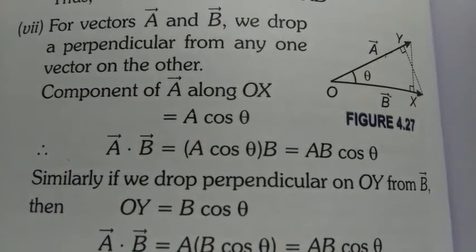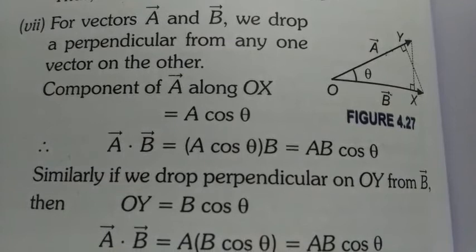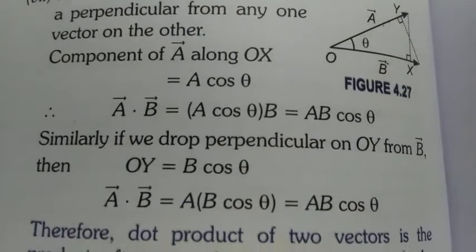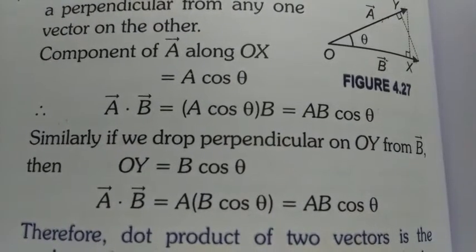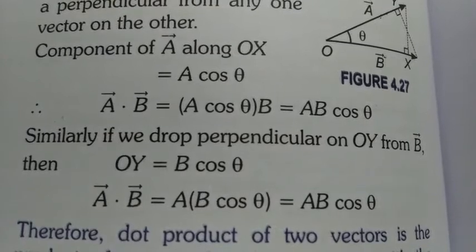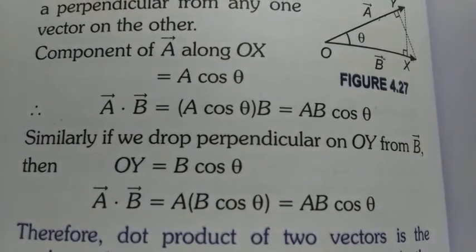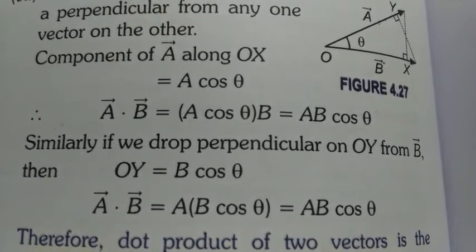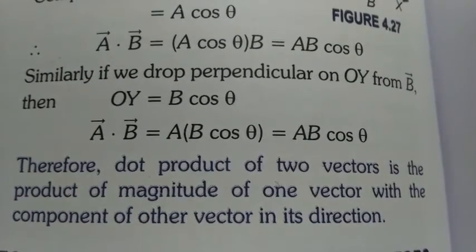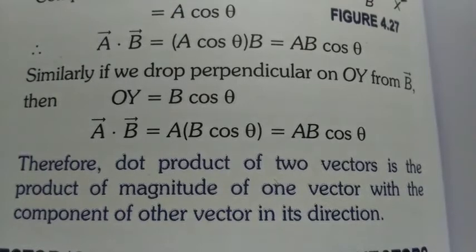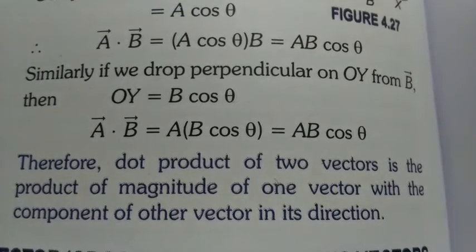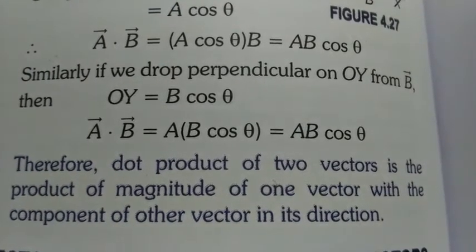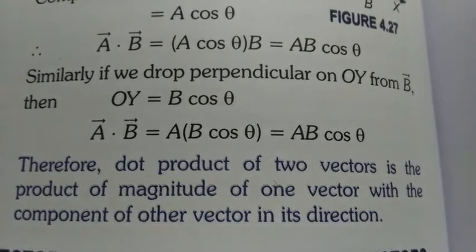So when we find a dot b, we put a cos theta into b, that is ab cos theta. Similarly, if we draw a perpendicular on OY from b, OY also equals b cos theta. So a dot b equals ab cos theta. Therefore, the dot product of two vectors is the product of the magnitude of one vector with the component of the other vector in its direction.